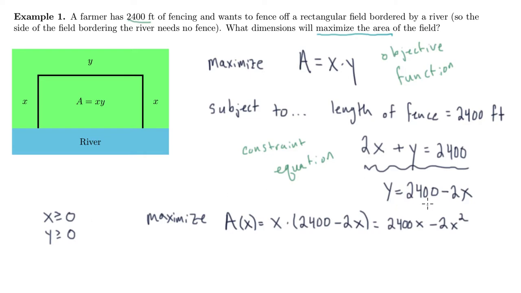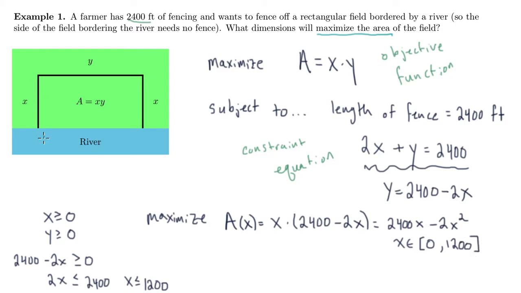But remember, y is 2,400 minus 2x. So in other words, 2,400 minus 2x needs to be greater than or equal to 0, or 2x should be less than or equal to 2,400. And of course, this just means that x is less than or equal to 1,200. So actually my domain here, x can be anywhere between 0 and 1,200 feet.